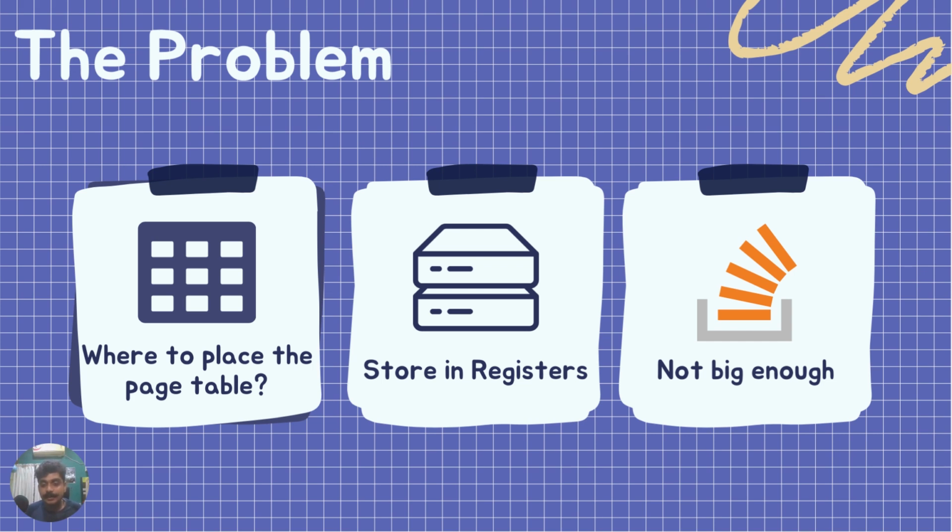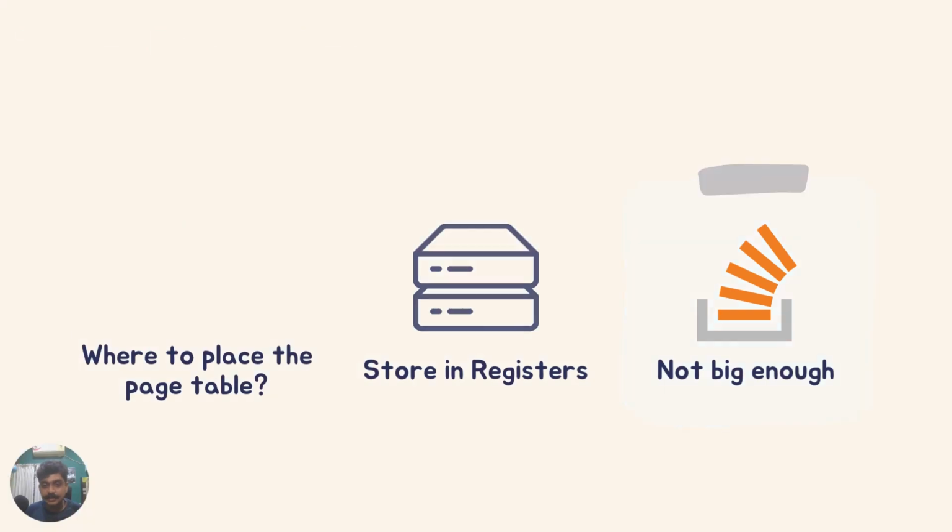That may not be enough, because some processes may be so huge that they may have so many page table entries that it might not be enough to just use one register for a page table. So it runs into an issue, and it is not practical anymore. It was okay in theory, but when we start using it, it may not be practical. That is where we needed a solution. And this was the problem, and the solution to that was the topic of the day for us, the TLB, that is the translation Lookaside Buffer.